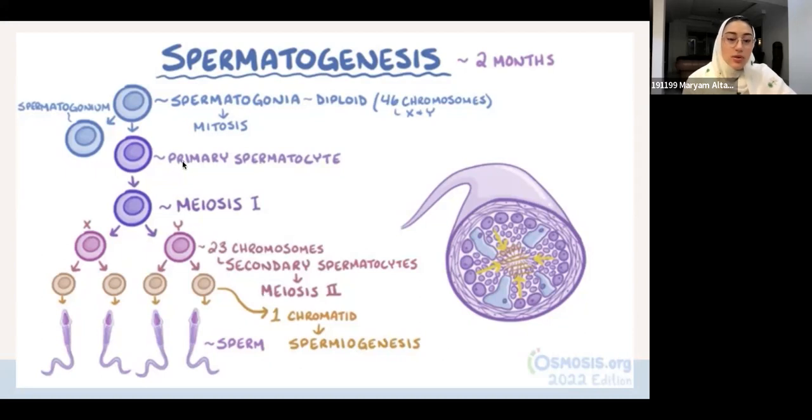And so the reason we're doing all of this is so we can go from our 46 chromosomes all the way down to our 23. These are our gametes. And we want to have one chromatid in each. Okay, so primary spermatocyte undergoes meiosis 1 to form our secondary spermatocytes that undergo meiosis 2 and then form our sperm by spermiogenesis. Okay, so this is just what you guys should know.